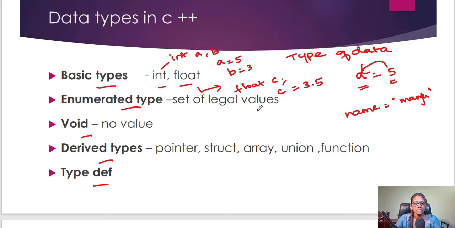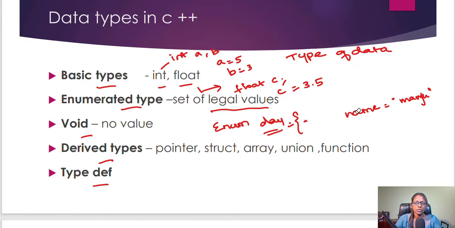The next one is the enumerated type. An enumerated type is a set of legal values. When you assign a set of legal values to a particular variable, that is called an enumerated data type. For example, the keyword is enum, and day. This day will always hold one of Sunday, Monday, Tuesday, Wednesday and so on, only the 7 values are accepted, right?